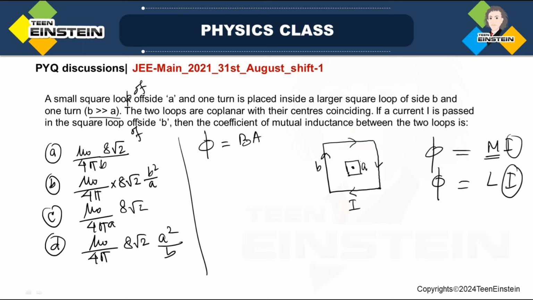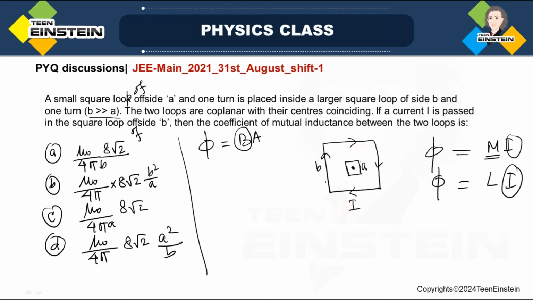So what is the main problem here? The main problem is to find out the magnetic field produced at the center of this square loop, and what is the area of the smaller loop.